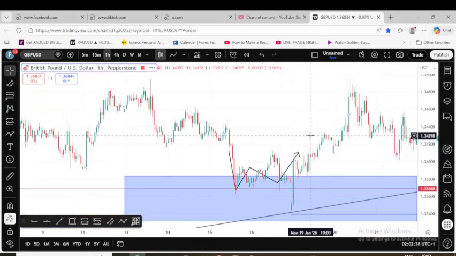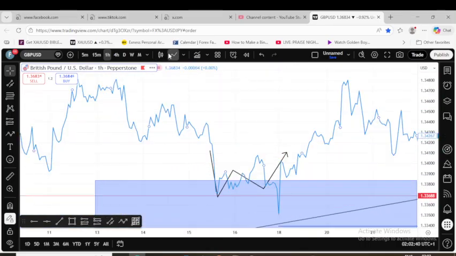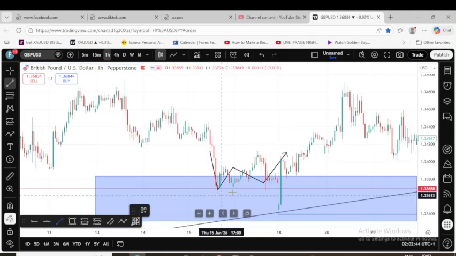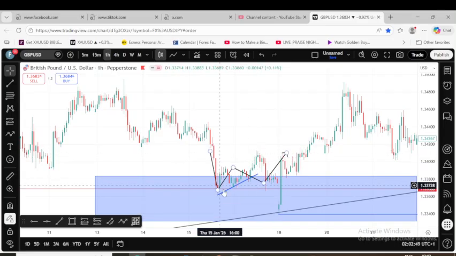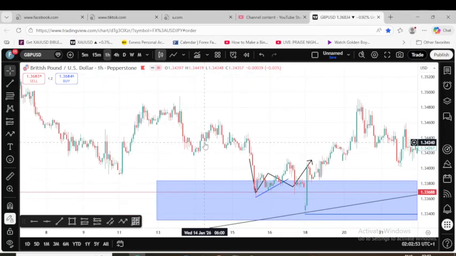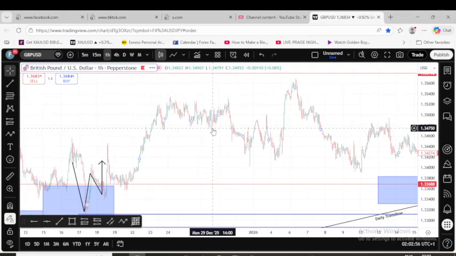Currently we're on the 1 hour time frame, and we can clearly see that there's a trend line that can be drawn across these points like this. Also consider a bit of a W actually.